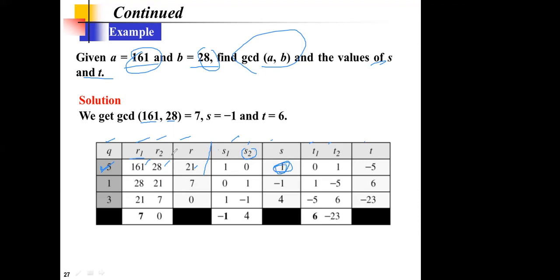My quotient is 5. That means I have to write S in terms of S1 minus Q into S2.